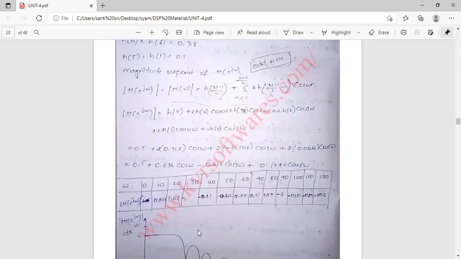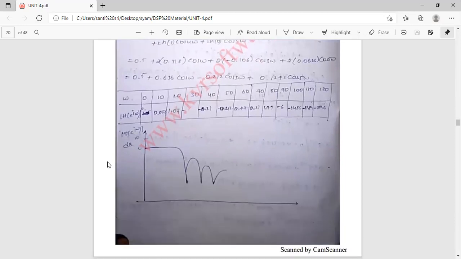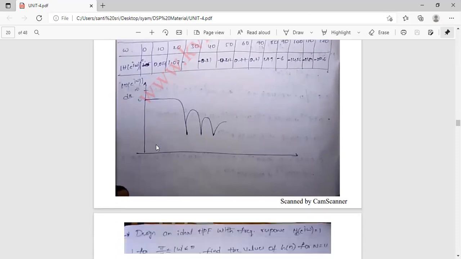Here n is 1, so 5 minus 1, h of 4 into cos omega, n is 1. If n is 2, like that, we will write the expression. So these are the values for omega and mod h of e power j omega. We will draw the spectrum, omega versus mod h of e power j omega.